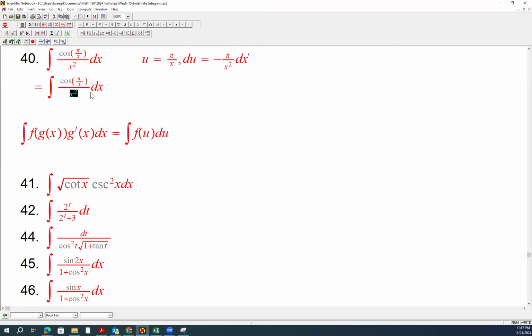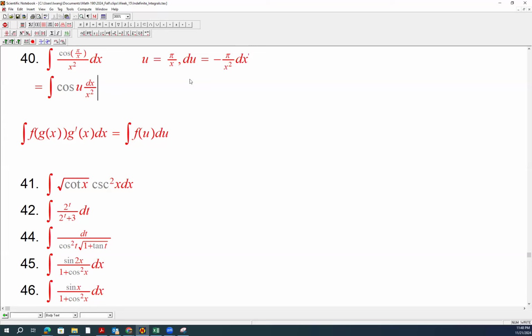We got an x squared in the denominator, right? And so this time, this is just u. I can bring x squared under dx, right? So this piece is just cosine u, dx over x squared.